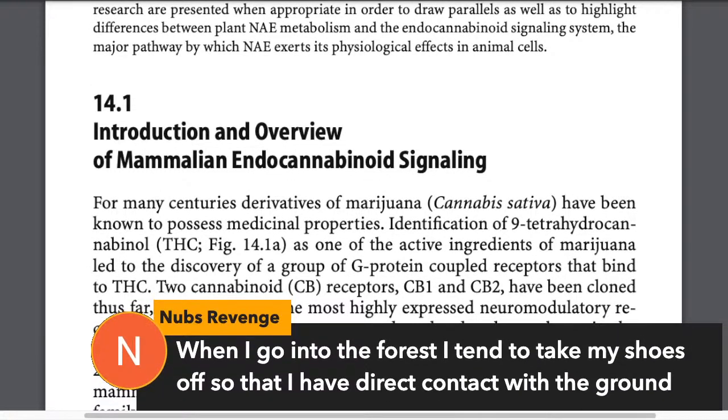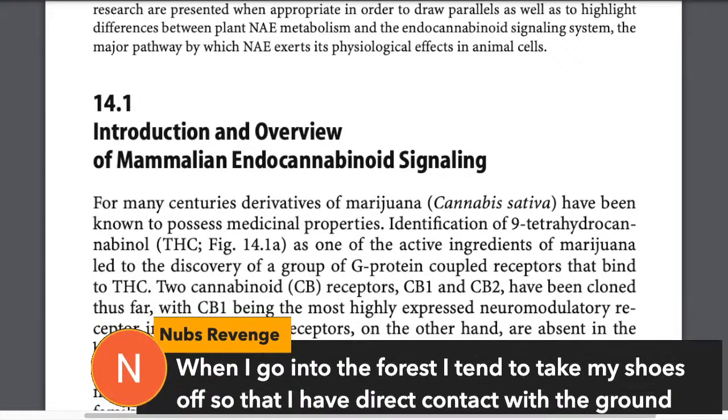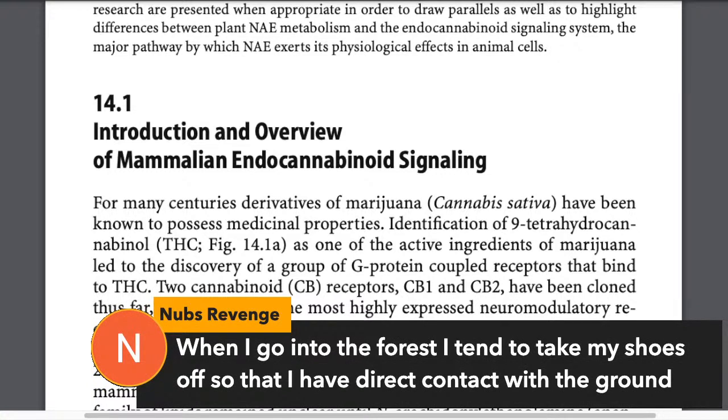All right, let's just read some of what we got here in the chat so we can catch up with everyone. Let's see here. An Asian doctor did a therapy test with patients, taking them to walk in the forest. Okay, cool. I never thought of that. It's nice to do. I like to go out camping and things like that out in nature, so inevitably you're going to end up doing it whether you want to or not.